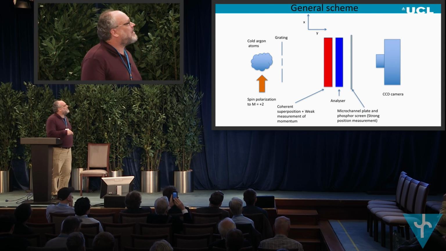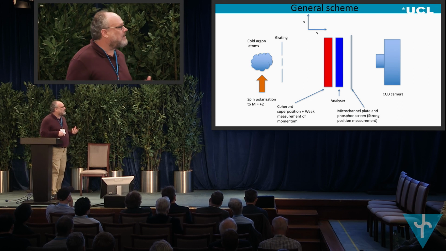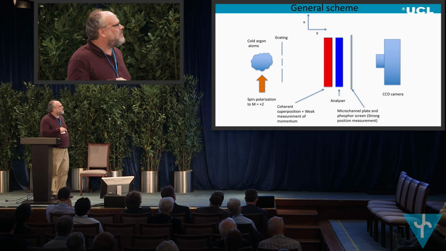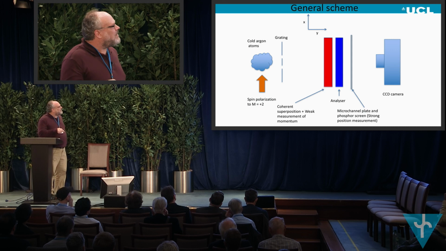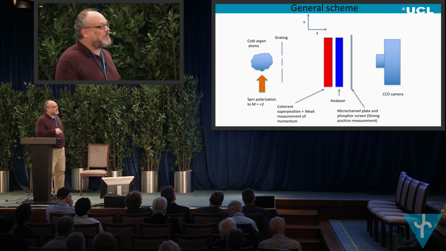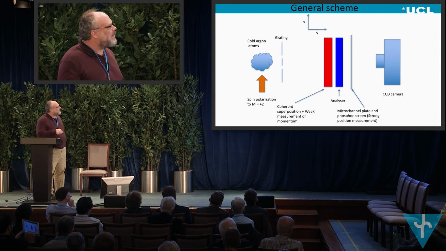You start off with a cloud, in our case of cold argon atoms, something we had in the lab that was used for some cold molecule experiments. This is J equals 2 total angular momentum. In a magnetic field and using circularly polarized light, you can spin polarize this and make a polarized atomic source of atoms. You send it through a grating.